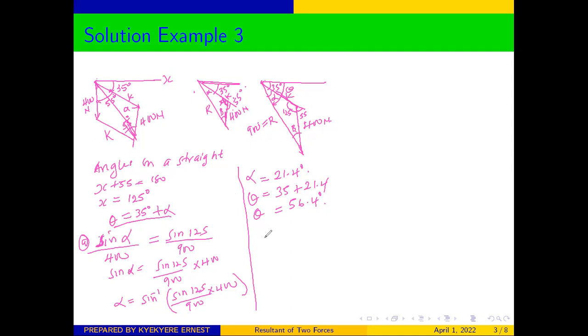We can say that alpha plus 125 plus beta, the sum of angles in a triangle, is equal to 180. We know alpha, which is 21.4, plus 125 plus beta will be equal to 180. So from here, our beta will be equal to 33.6 degrees.